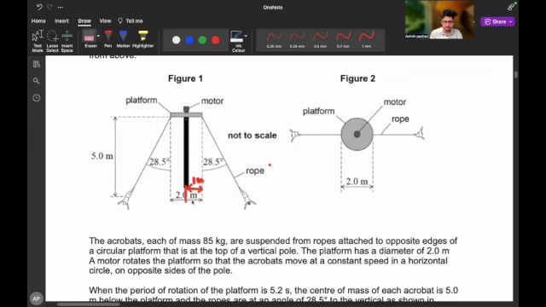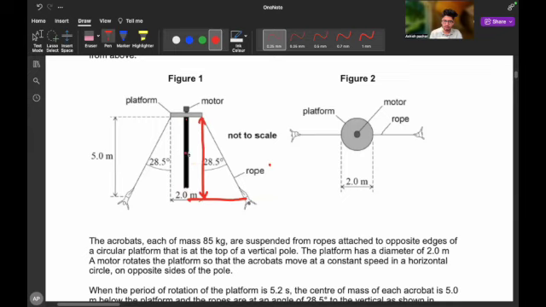And then I know this 5 meter, and this angle is 28.5. This is the 5 meter.